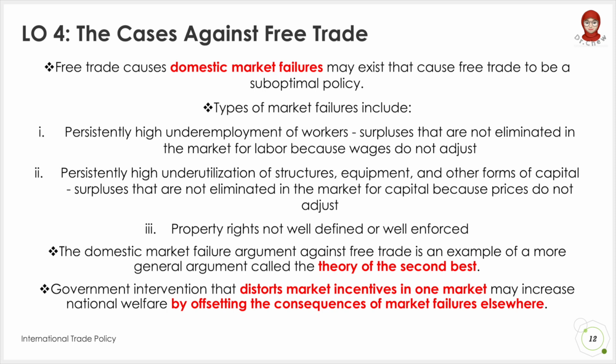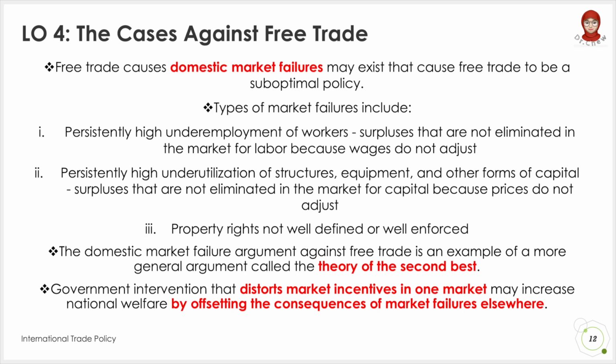When economists apply the theory of the second best to trade policy, they argue that imperfections in the internal functioning of an economy may justify interfering in its external economic relations. This argument accepts that international trade is not the source of the problem, but suggests nonetheless that trade policy can provide at least a partial solution.